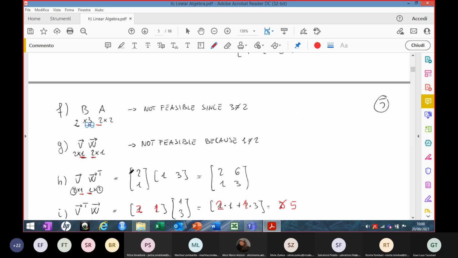The first row of V is 2, so 2 times 1, which is 2. Then 2 times 3, which is 6. Then go below. Second row times first column, 1 times 1. Then second row times second column, 1 times 3.